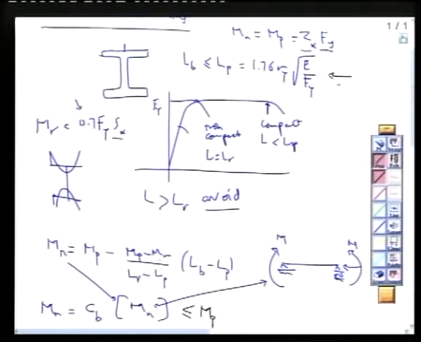Very easy to calculate Lp. However, for Lr, we have a long equation for its calculation. That's why in this lecture, I will give you Lr and Lp for an A36. You can verify it if you like at home. In the future, I will try to provide students also with tables of Lr and Lp for A36. Any questions concerning beams?